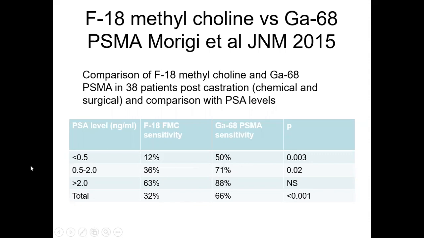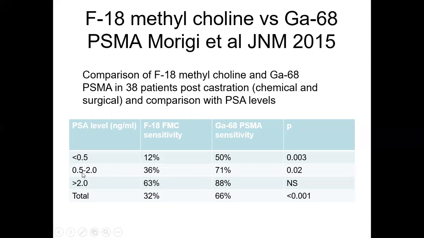It is significant between 0.5 and 2, and to be honest, a lot of our patients are in that group: 36% sensitivity with the choline, 71% sensitivity with PSMA, again significant. Now, by the time you're getting into quite fairly high levels of PSA over 2, then there's enough tumor that the choline will also be positive.